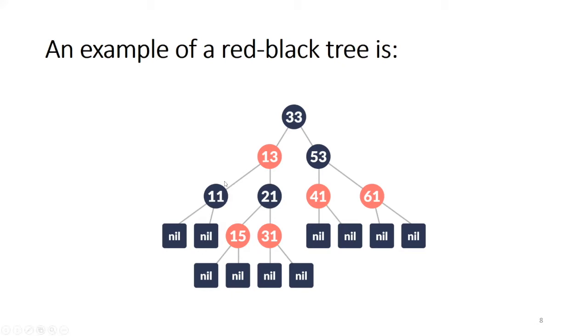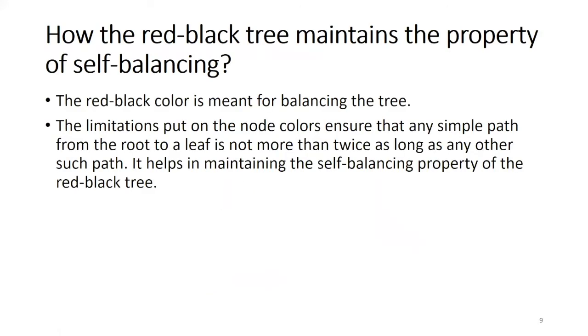And again, if we go from 33 to this nil, then it's node 11 and nil. So we can see that the depth is 2. Again, from here we can see 33, 13, 21, 21 to nil, only 2. So the depth is 2. Here also 2, here also 2, here also 2. Everywhere we can see that the depth is maintained. So in this way, a red-black tree works.